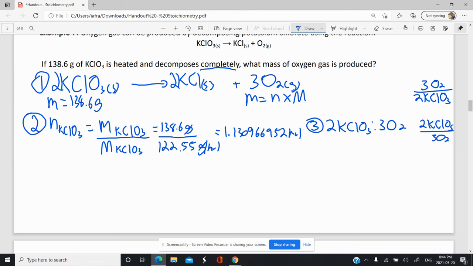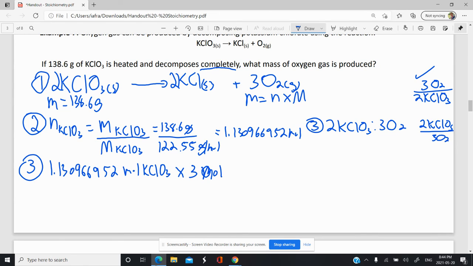And so now what we can do is we can do our conversion. So we'll take our moles of KClO3, 1.130966952 moles of KClO3. Multiply that by the conversion factor that'll get rid of KClO3, which is the one with KClO3 at the bottom, and you want to keep O2, so 3 moles of O2 over 2 moles of KClO3.